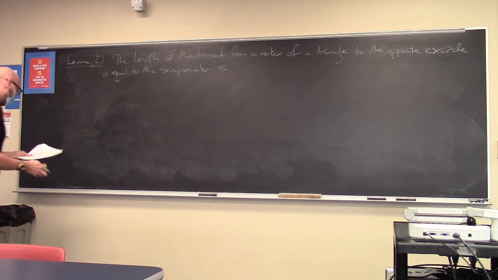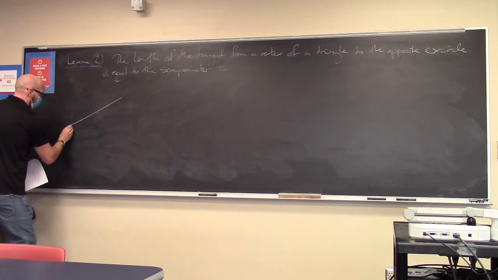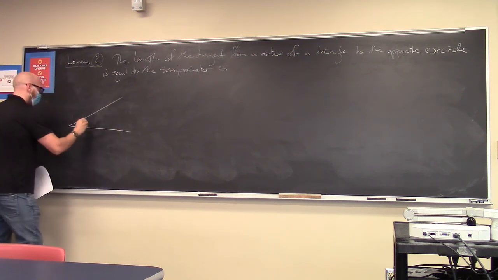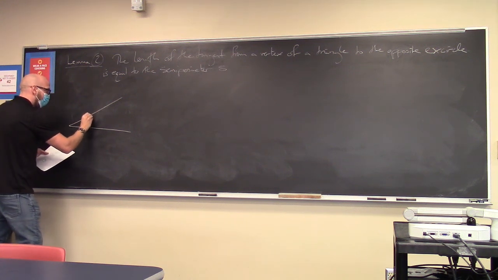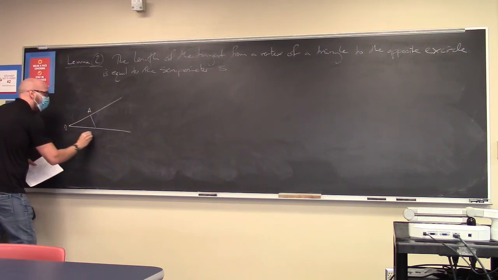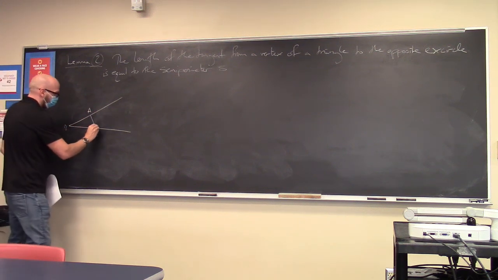So what's this saying? I think it would help to parse this with a picture. Here's my triangle, I'll call it A, B, C. We're going to look at the excircle that's opposite angle B, so we'll fit an excircle in here somewhere.